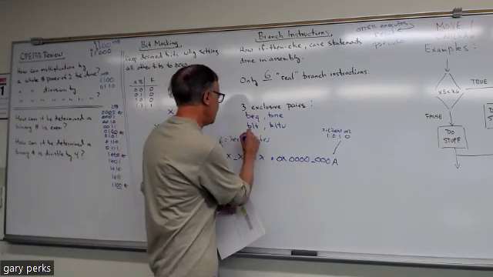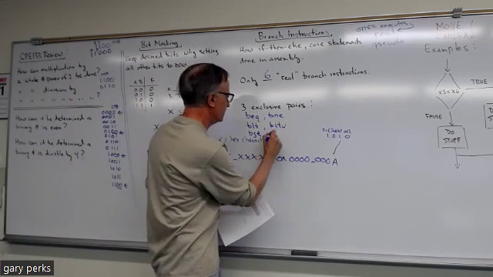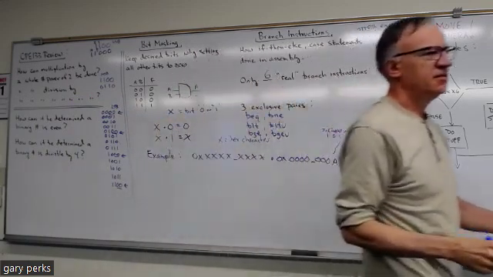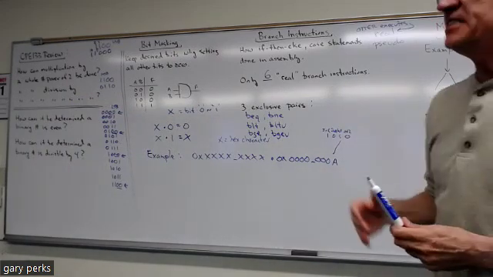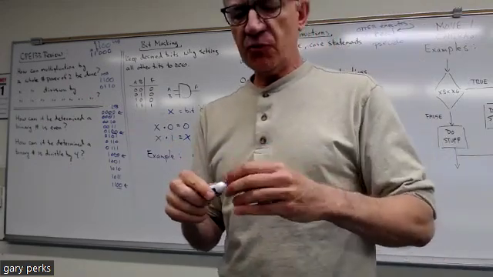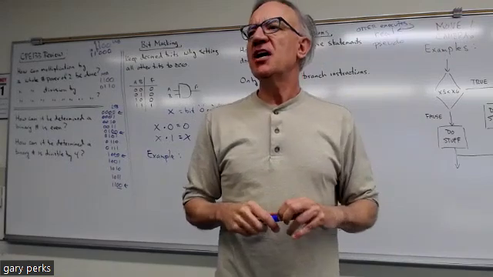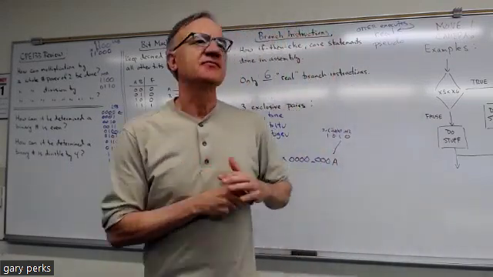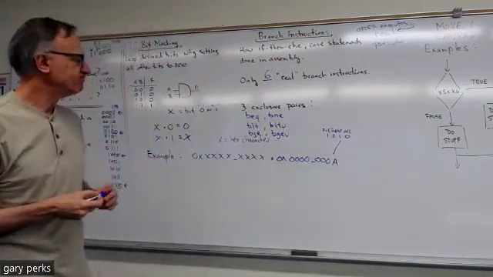And then you have BGE, branch if greater than or equal, and BGEU. Knowing that only 6 of the 16 branch instructions are real probably doesn't mean a whole lot at this time, but you'll see eventually the significance of that. You'll see that in a couple of classes.